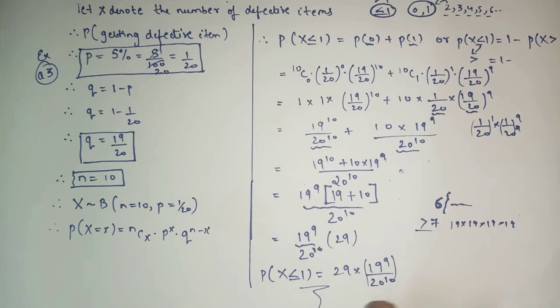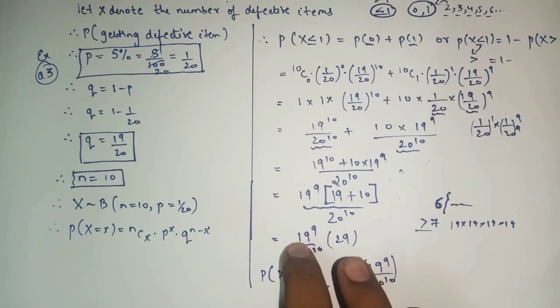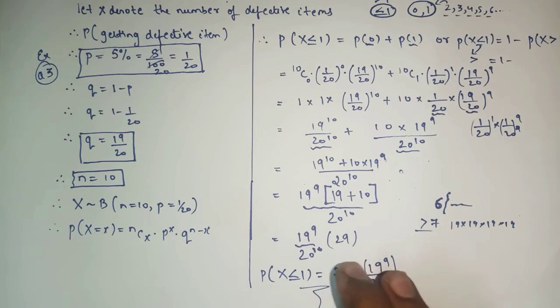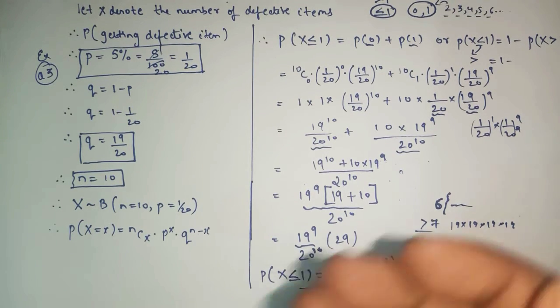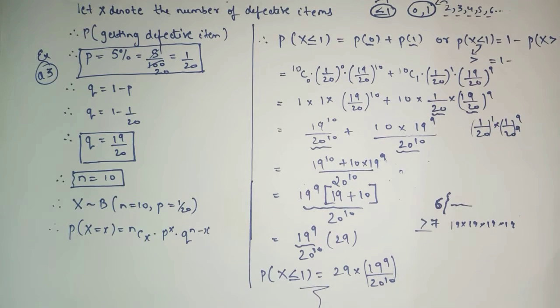No need of solving the sum further, as 20 raised to 10 means you have to multiply 20 ten times. You can keep your answer, still you will get full marks in the board exam. Understood?